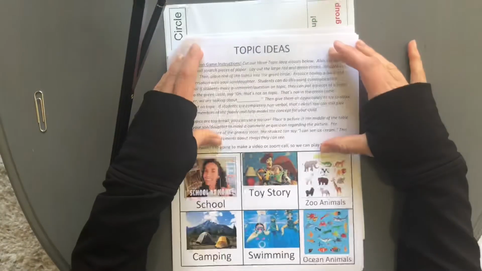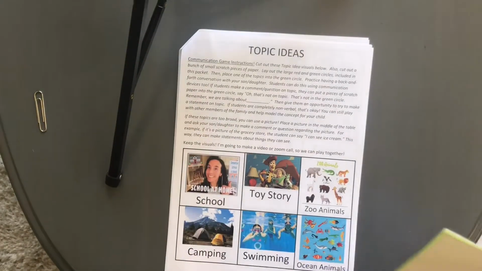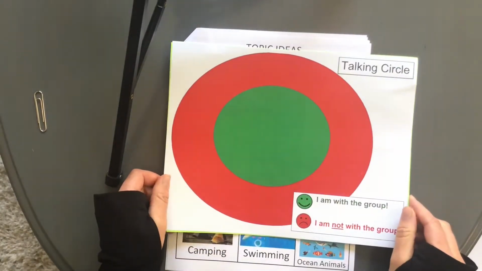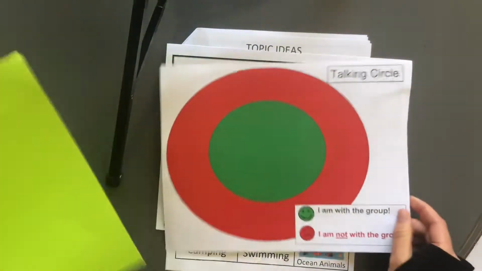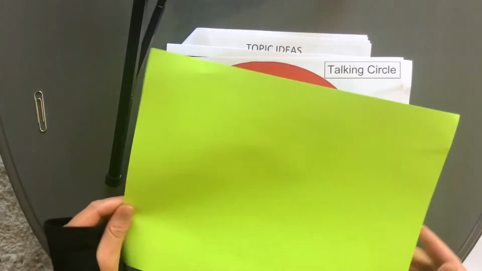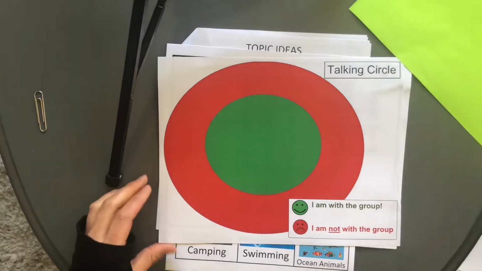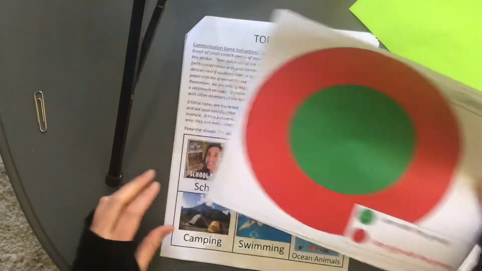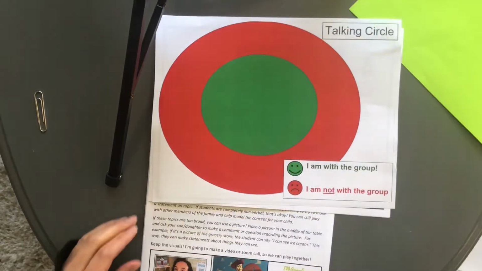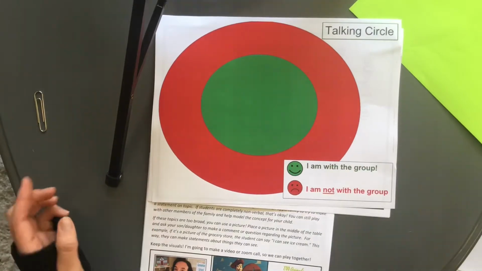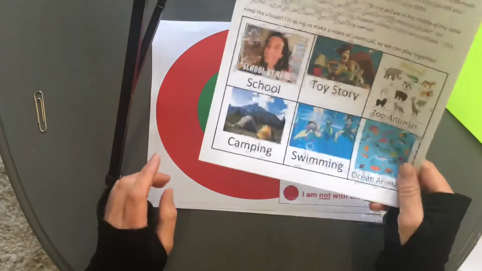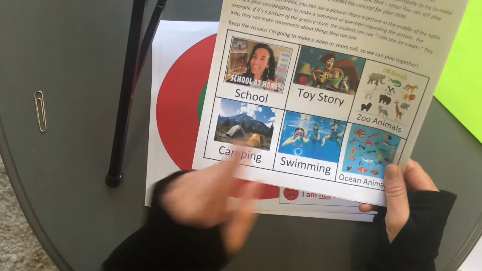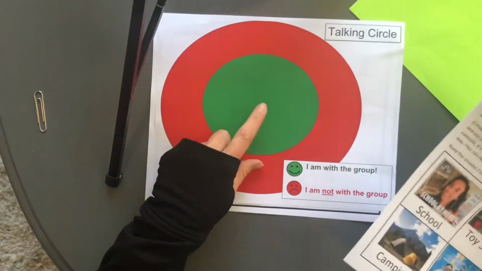I wrote this all down and explained it, but I'm going to explain it here more. Basically, this is the game where you're going to rip this paper up into little pieces or cut it, and practice having your child talk on topic. So if you cut these out, let's say we're talking about Toy Story. You cut it out and you put it in the green part.